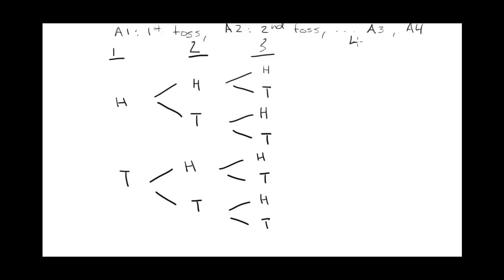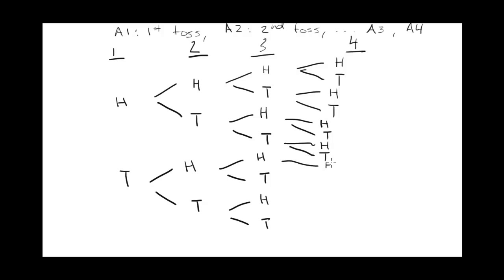And then a 4th time, head, tail, head, tail, head. From each of the previous possibilities, you need to list the outcomes for this 4th action.